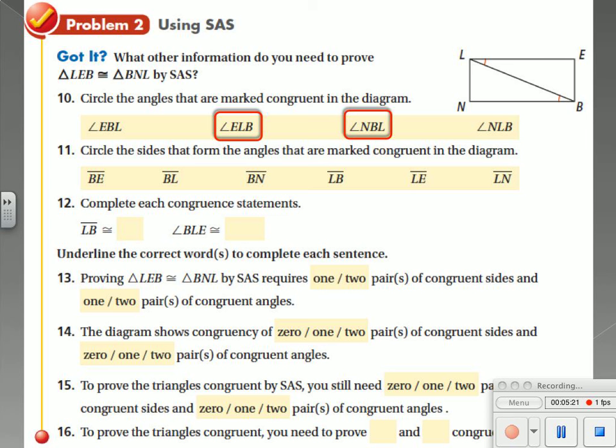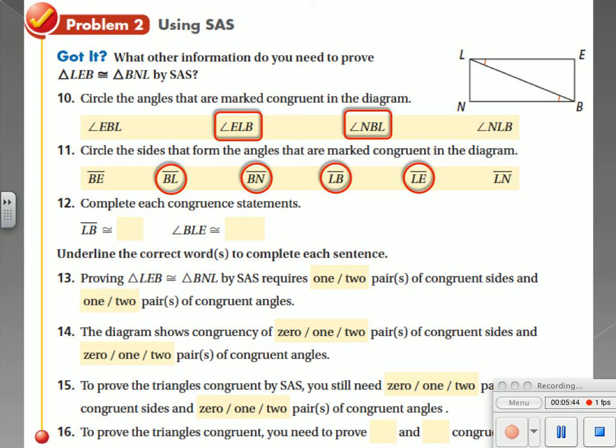Now circle the sides that form the angles that are marked congruent in the diagram. To form angle ELB, we have BL and LE, and I didn't do these in order. BN and LB form angle NBL, and then BL and LE form angle ELB.